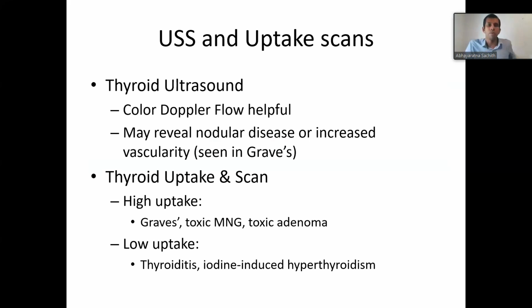We don't do it most of the time because the information is available from a clinical examination. If it's a diffuse goiter, I told you there could be two possibilities. One is thyroiditis, the other one is a diffusely enlarged thyroid gland in Graves' disease.